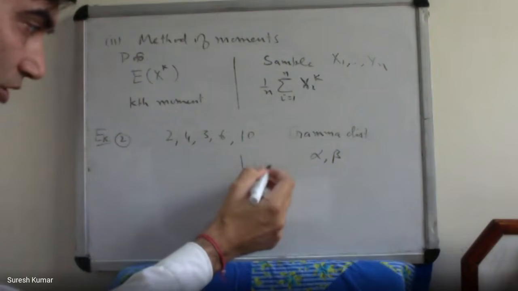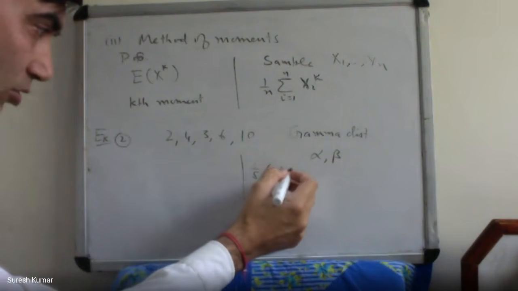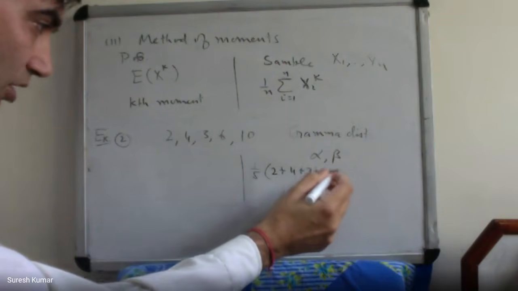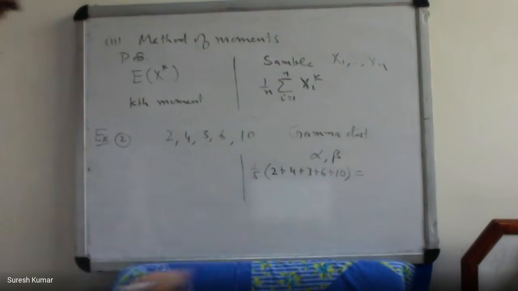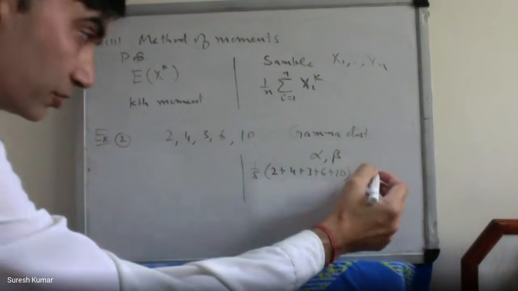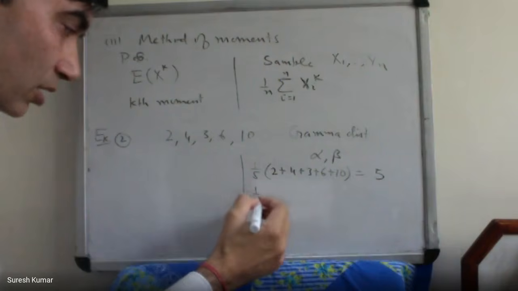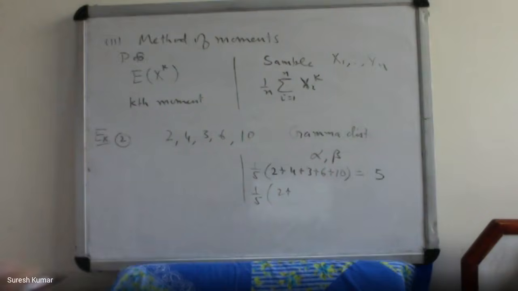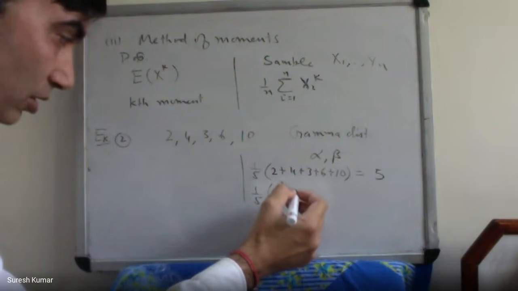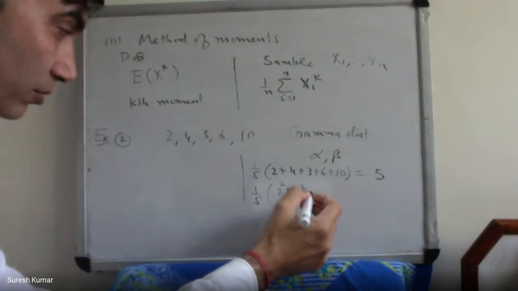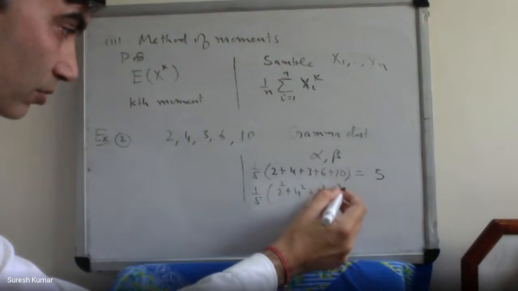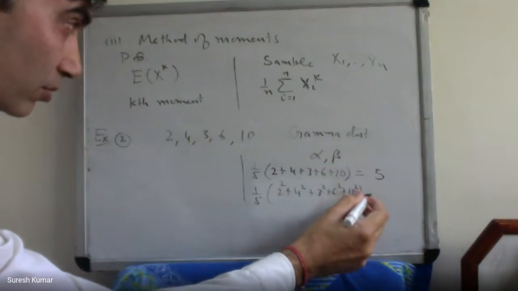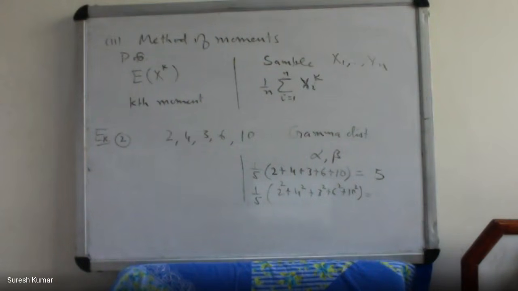The first moment is 1 over 5 times 2 plus 4 plus 3 plus 6 plus 10, equal to how much? Yes, 5. And the second sample moment is just the sum of squares. Can you calculate it?